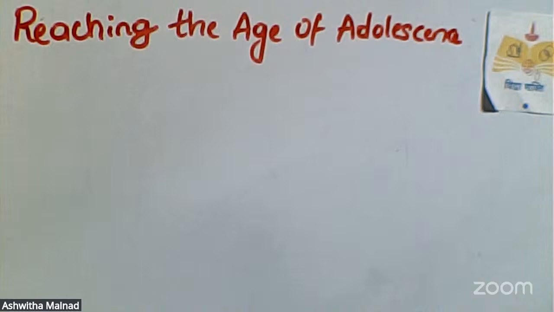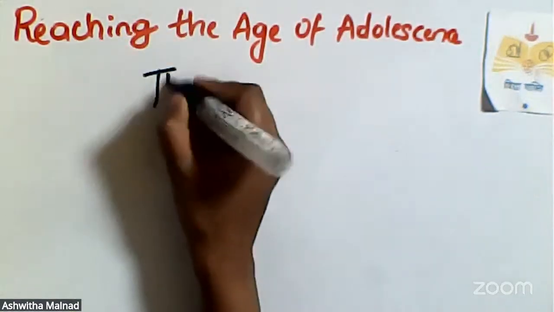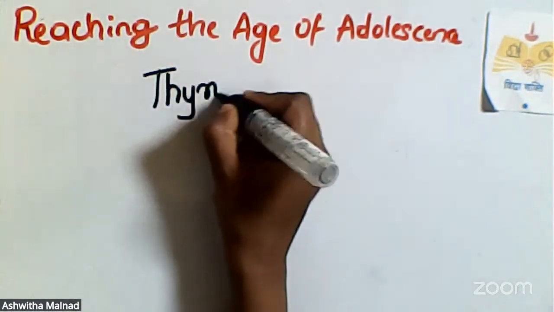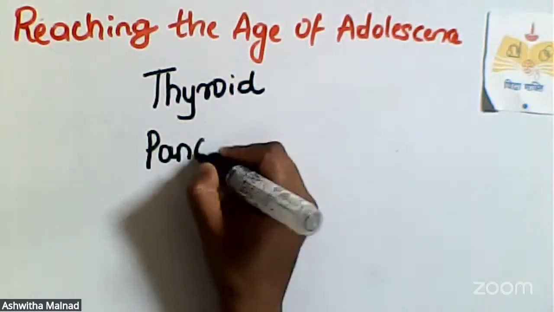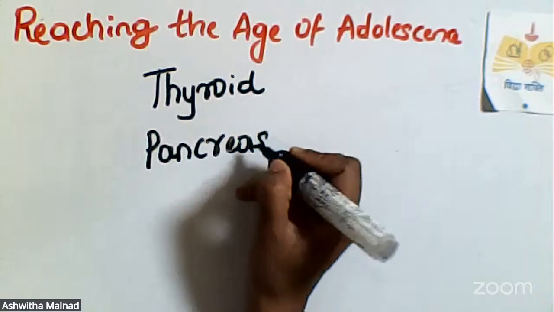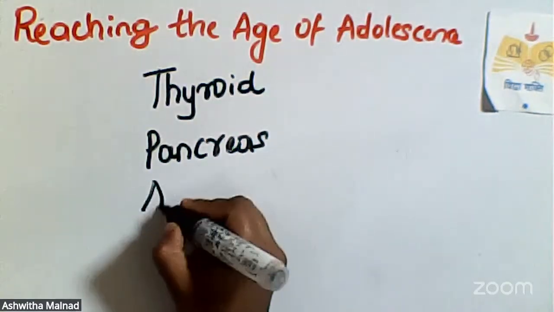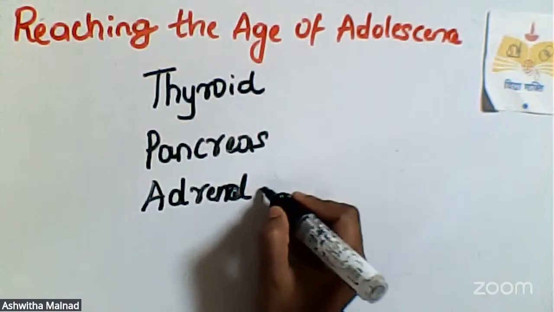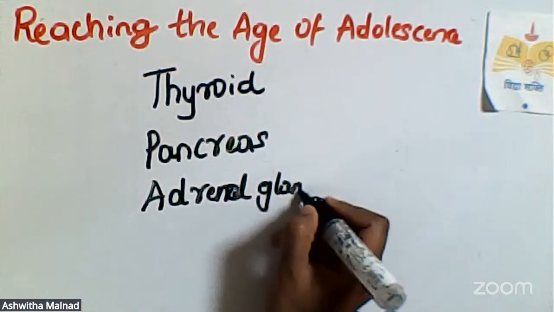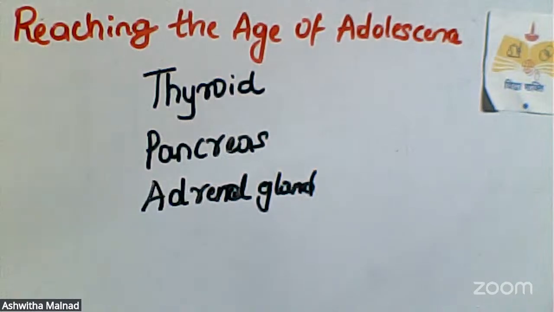So, apart from the pituitary, the testes, and the ovaries, there are other endocrine glands in the body, such as thyroid, pancreas, adrenal gland, etc.